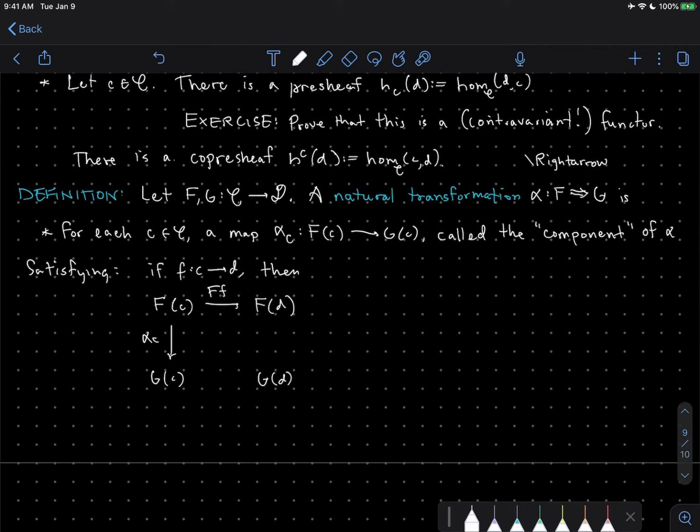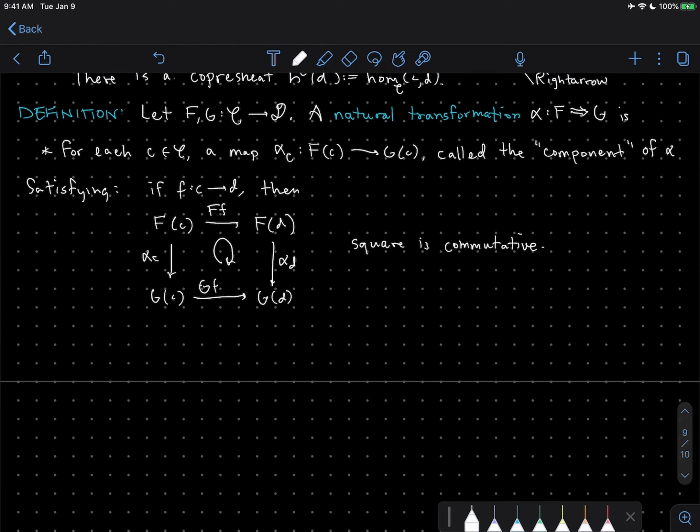And we could do the same for the other half of the square. This would be the component of alpha at little d, and this would be g applied to little f. And so we want to ask for that square to be commutative. Great. There are two natural ways that we can compose natural transformations.